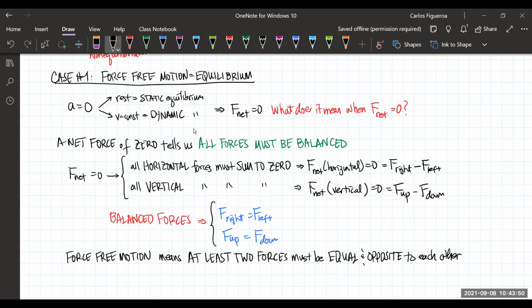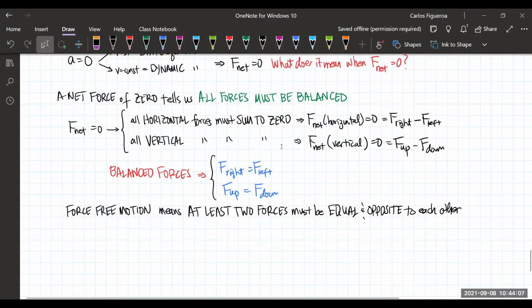So let's go look at examples. I'm going to look at the first situation. We're going to start with rest, and then we'll go to the second situation. So let's go look at everyday examples.